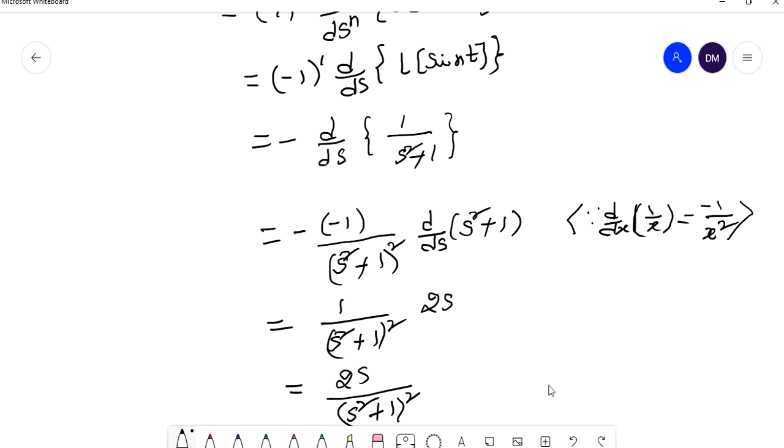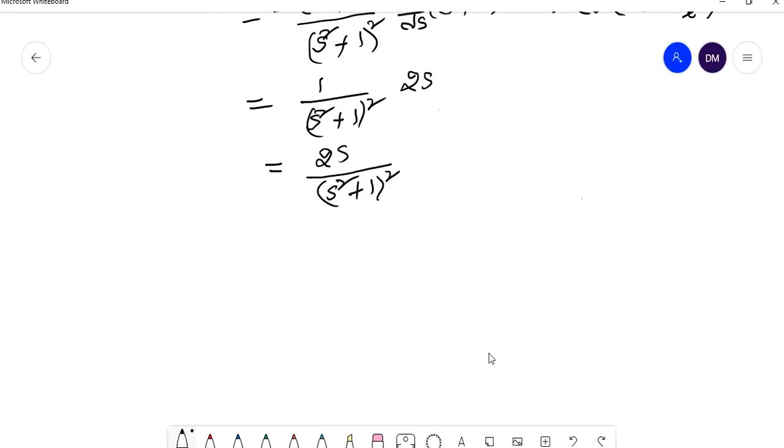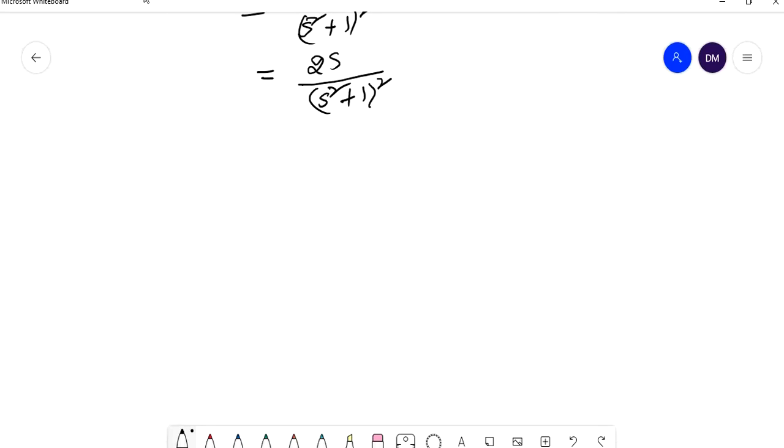So this is the value of the integral 0 to infinity e power minus st t sin t dt.